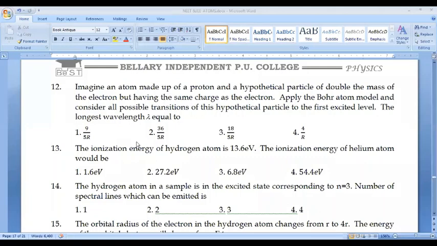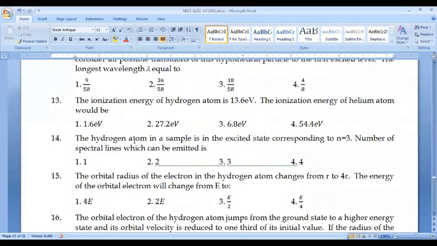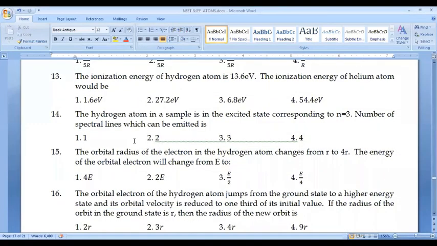Now note down the 13th question. Note down question number 13. The ionization energy of a hydrogen atom is 13.6 electron volt.